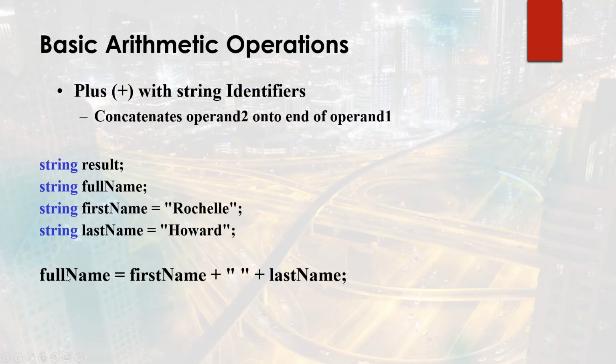And then down here it says full name equals first name, which would be Rochelle, plus a space, plus last name, which would be Howard. It would put all of that together to say Rochelle space Howard. Okay, so that would be the full name. That would be how this operation would turn out.